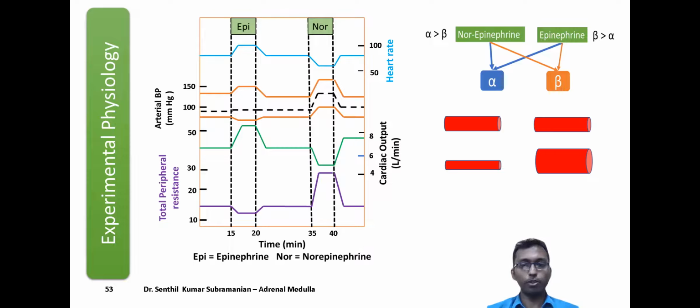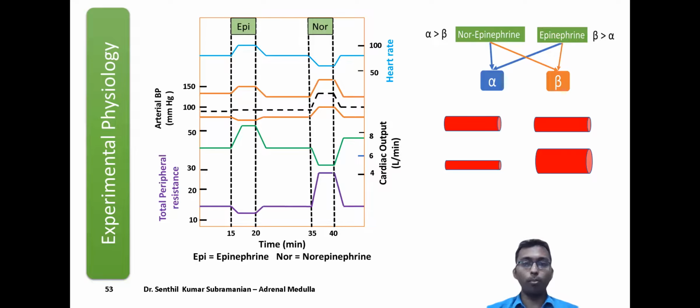The diastolic blood pressure mainly depends upon the total peripheral resistance, which falls in the case of epinephrine infusion. Hence, there is a fall in diastolic blood pressure. The net result of epinephrine infusion is an increase in heart rate, an increase in systolic blood pressure, and a decrease in diastolic blood pressure with little or no change in mean blood pressure. There is an increase in cardiac output.